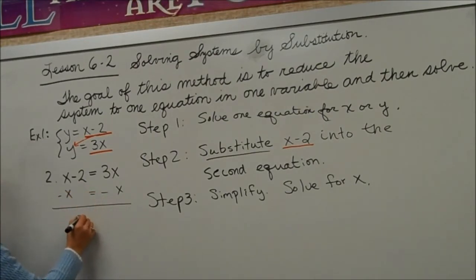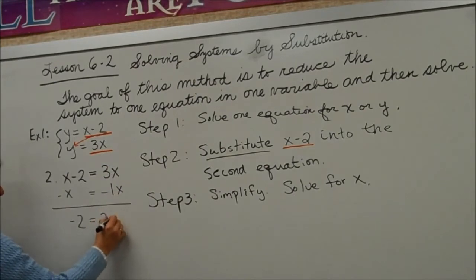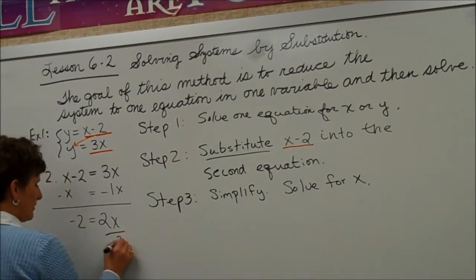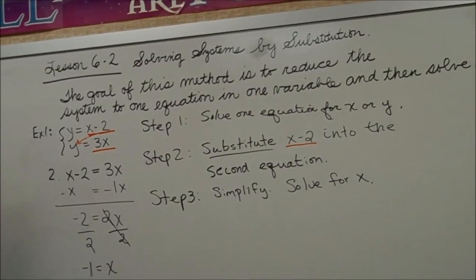That gives us negative 2 equals 3x minus 1x, which is 2x. Our second step for simplifying is to divide both sides by 2. Our 2's cancel, giving us our value for x, which is negative 1. So now we know x equals negative 1.